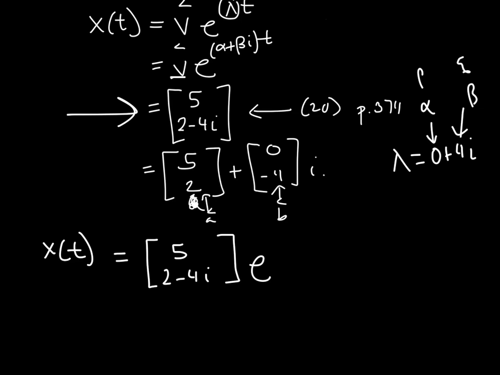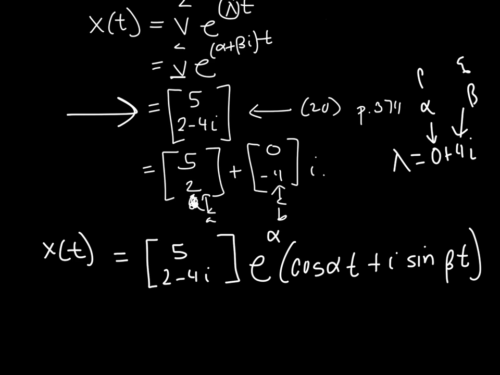I'm not sure if you remember Euler's formula with complex numbers. Let's write it out: e to the alpha plus beta i t is e to the alpha t times cosine of beta t plus i sine beta t.